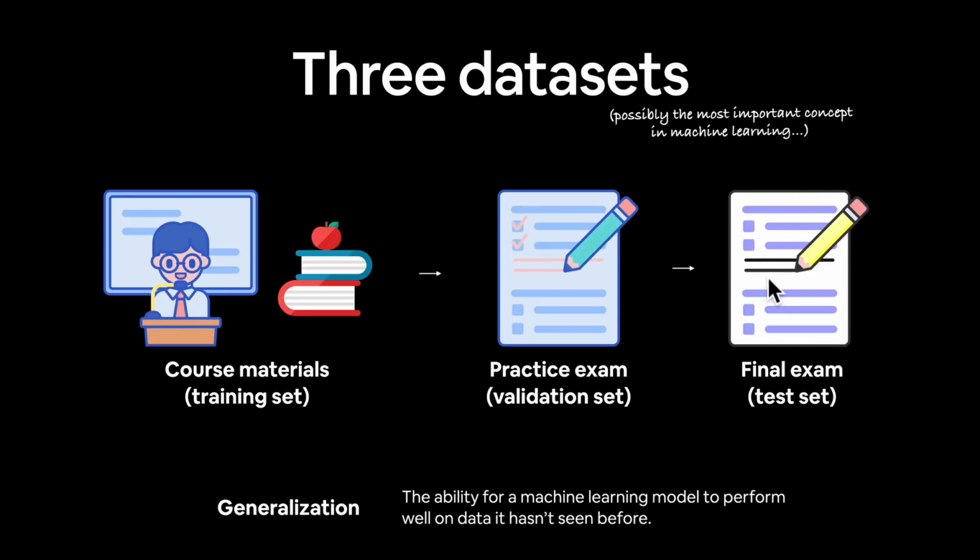This is exactly what we want our machine learning models to do. We want them to learn patterns on the training set so that they can perform well on samples they have never seen before. In other words, perform well on their final exam.